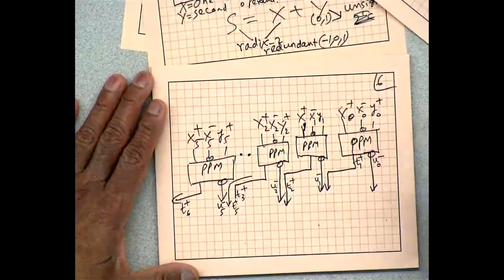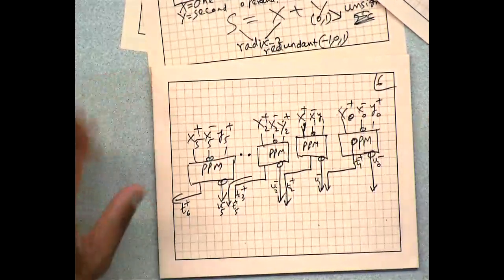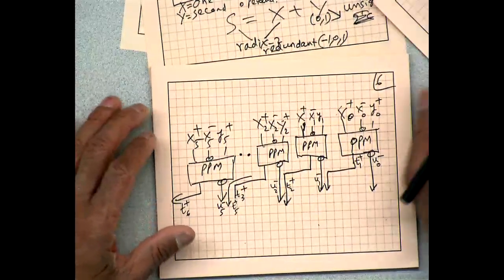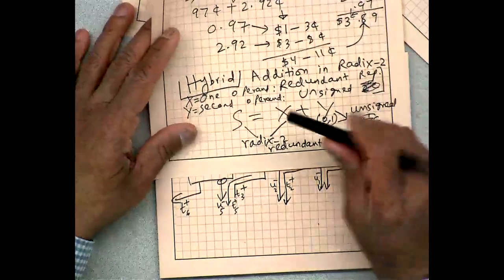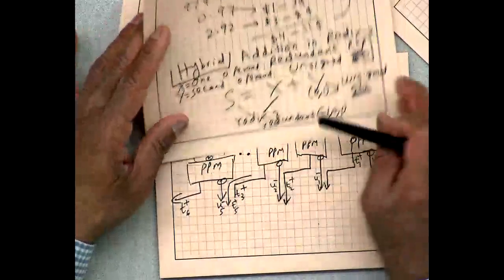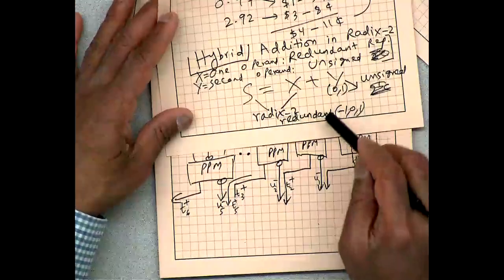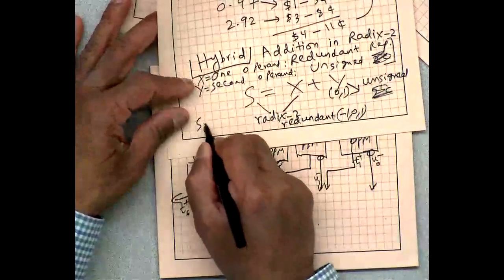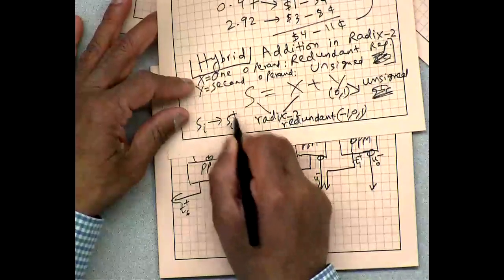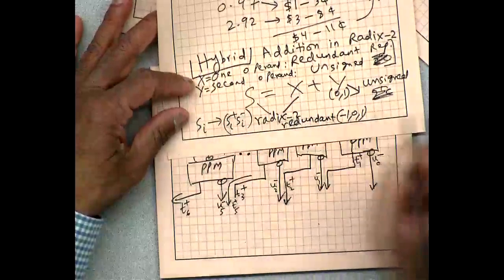Okay, so what is the result S then? Because we were trying to compute S is equal to X plus Y. So what exactly is the result S? S has to be in redundant representation. So each bit of Si must be represented as Si plus, Si minus.